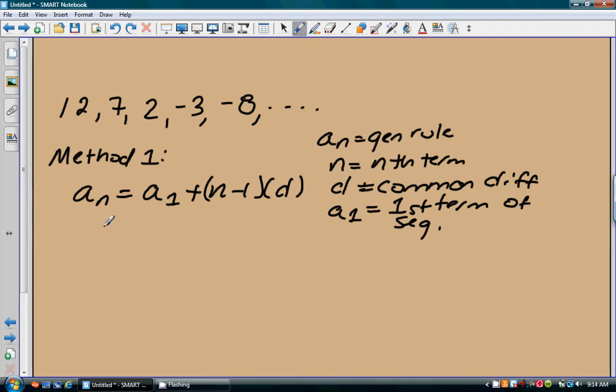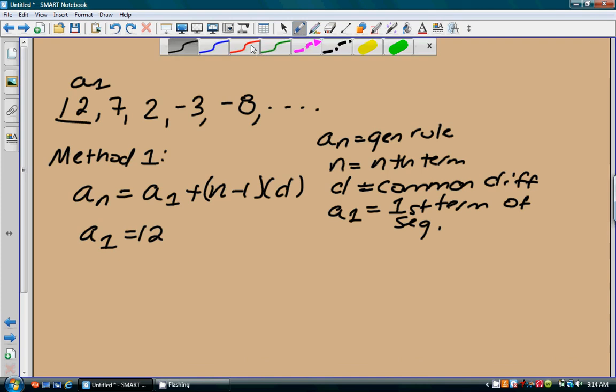So if we look at the sequence we have up there, we can say a sub 1 is 12 because this is the first term of the sequence. Also, we can determine the d because to get from 12 to 7, we subtract 5. So our d value is going to be -5.